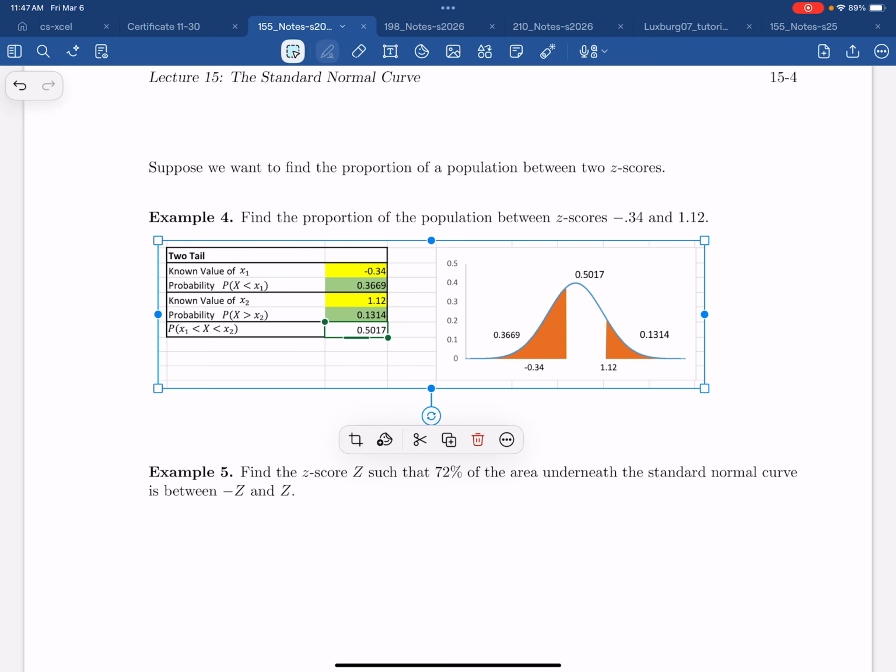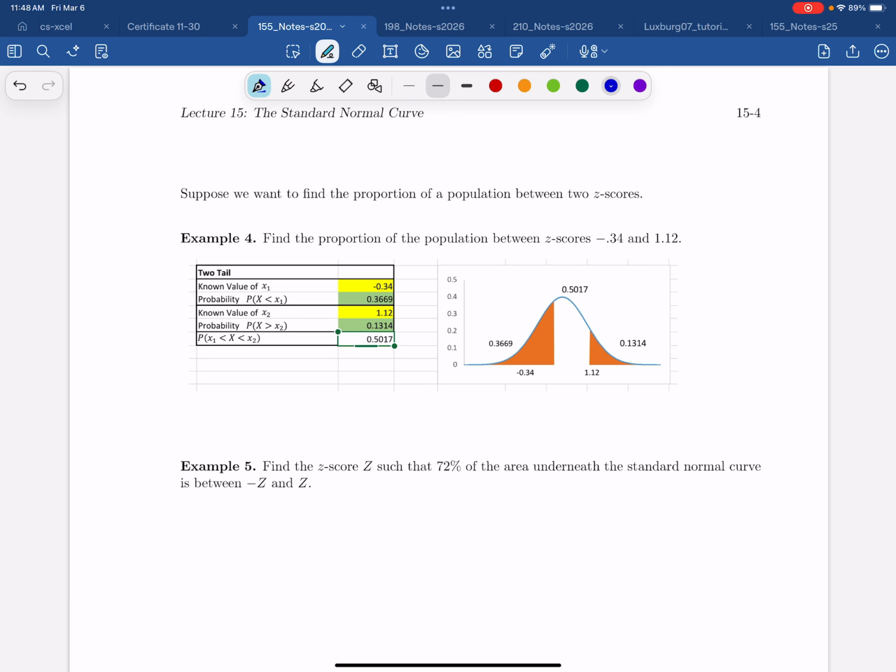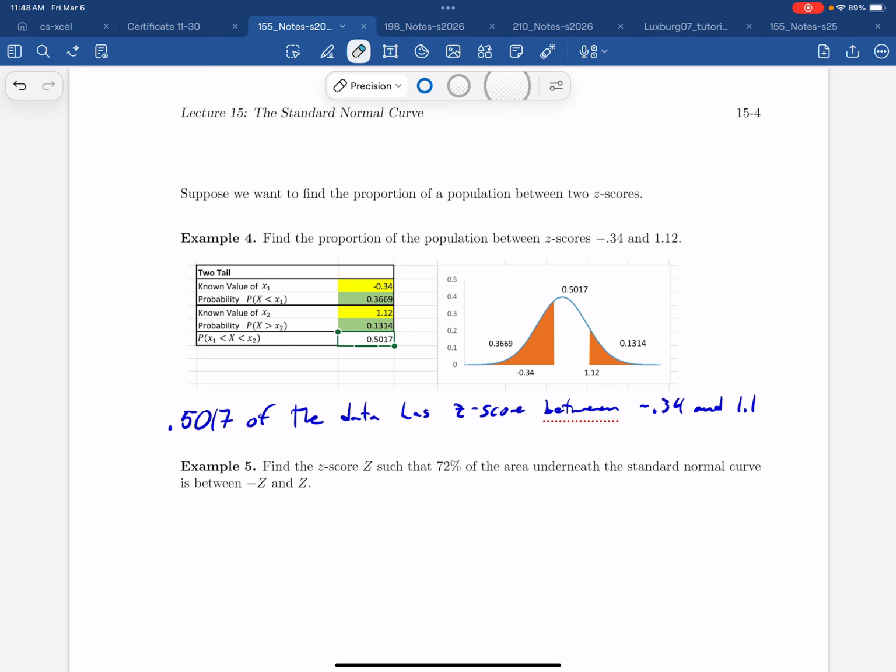Right, so we have that right there. So we would say 0.5017 of the data has z-score between negative 0.34 and 1.12.